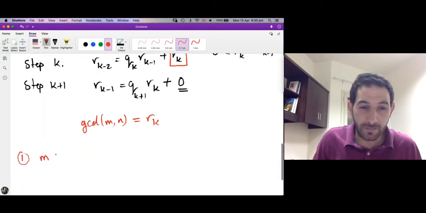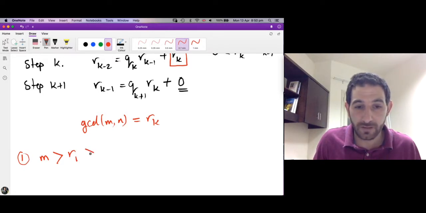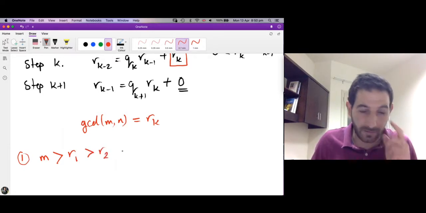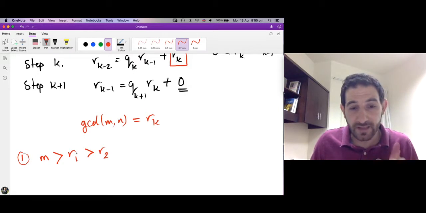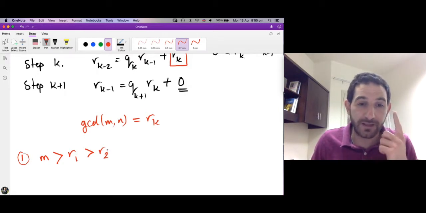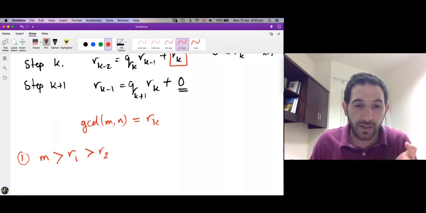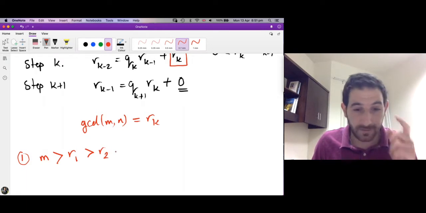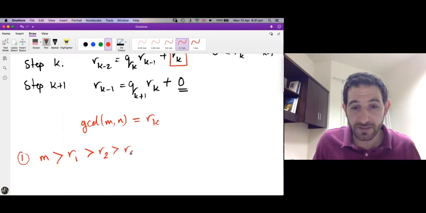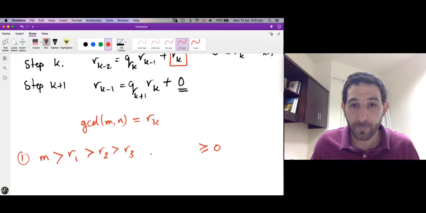So at every step we decrease by at least 1. So if m is 10, r1 is 9 or 8 or 7, and r2 is 8 or 7, and so on. We keep decreasing, and notice that all the r_i's are bigger than or equal to 0.